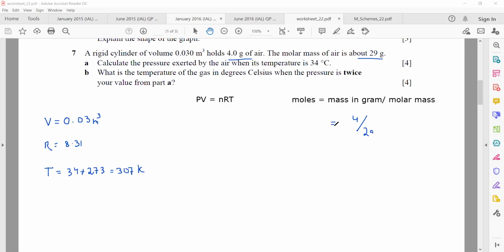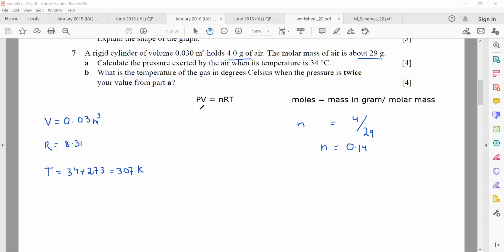So we'll get n, the moles, as 4 divided by 29. The answer for 4 by 29 is 0.14.